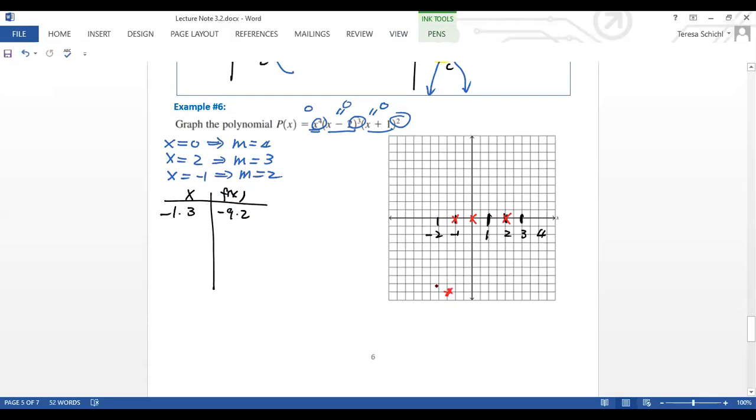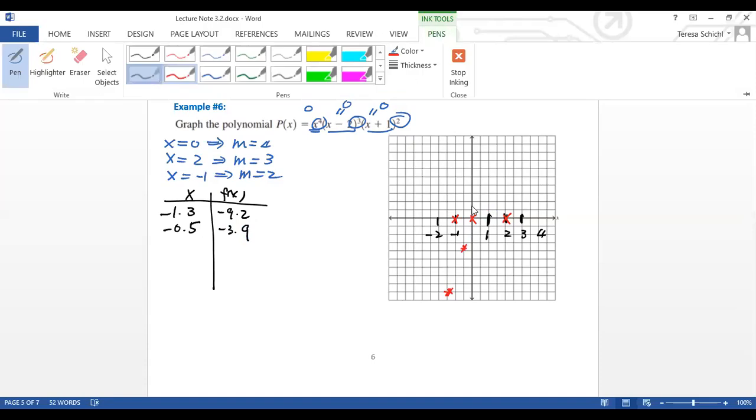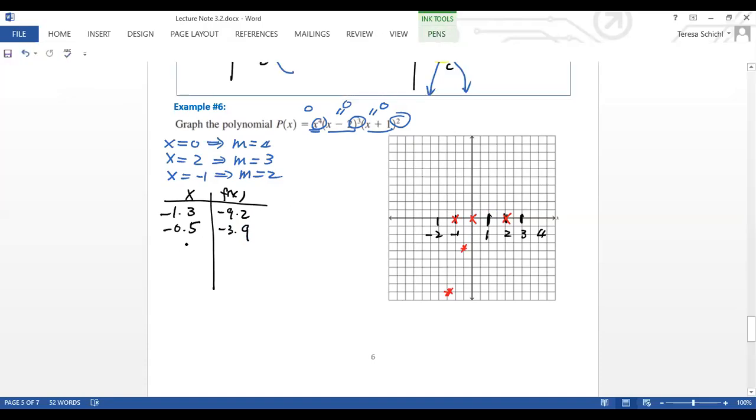That's my point. Then I choose something in between, -0.5. I get -3.9. So this will be another point, (-0.5, -3.9), somewhere here. Now I choose something between these two intervals. I choose 1, giving me -4.